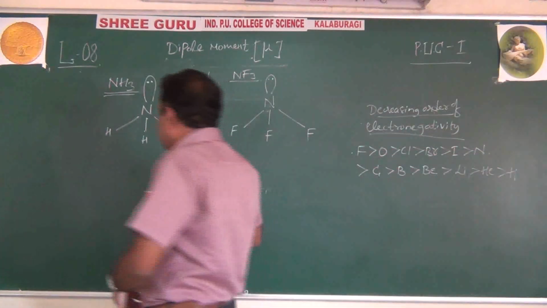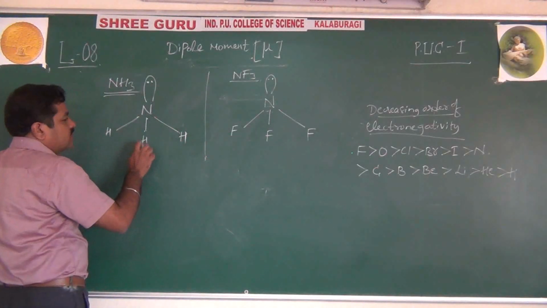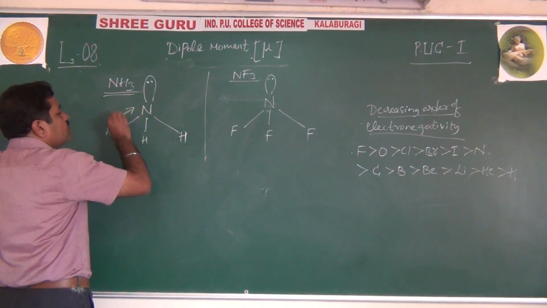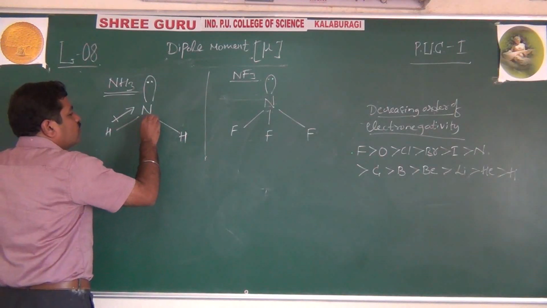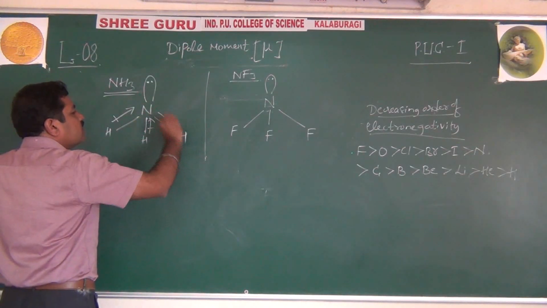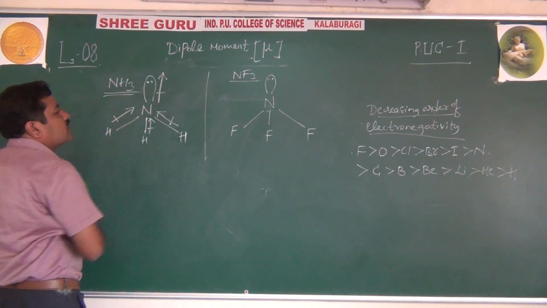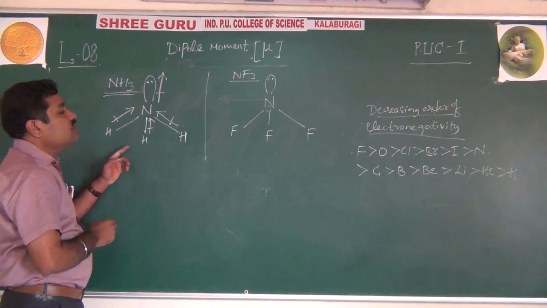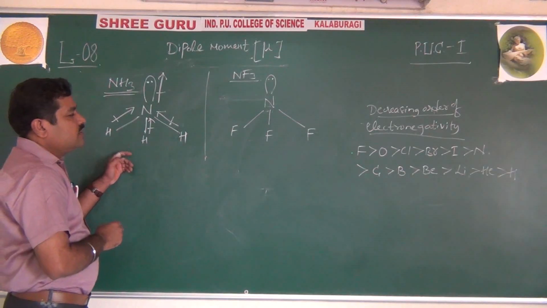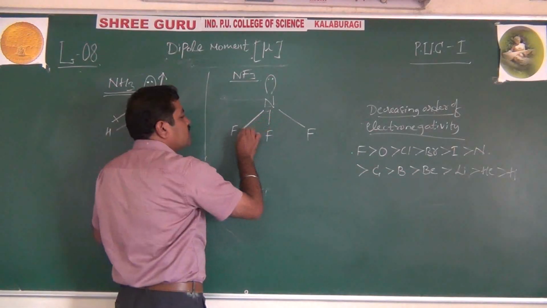The central atom is nitrogen. Now hydrogen is less electronegative, therefore the electron will move towards nitrogen. Therefore the bond moment is on the same side, even though an electron pair is present. But NF3 is not like this. Fluorine is most electronegative.